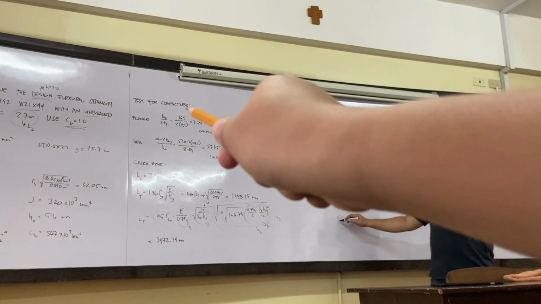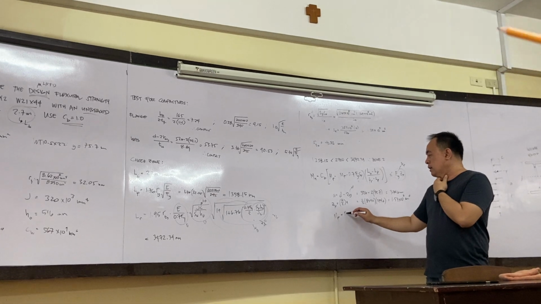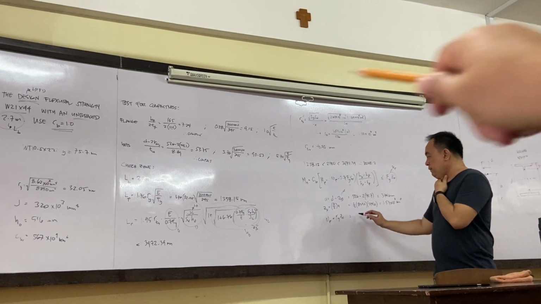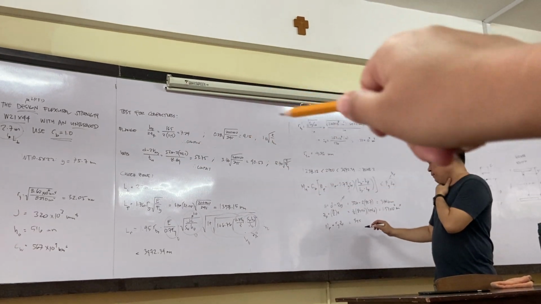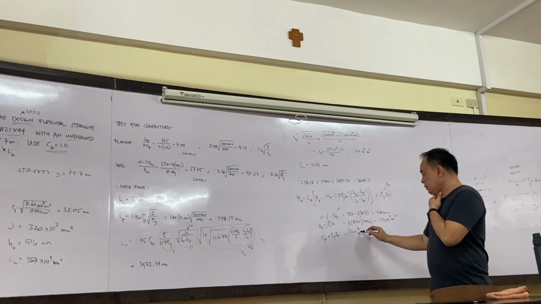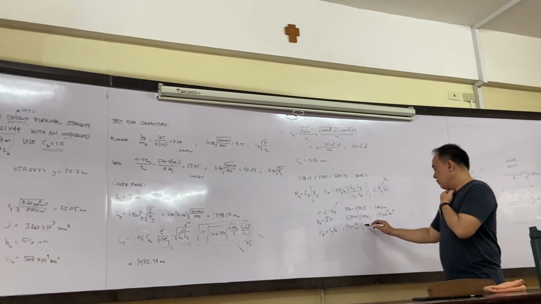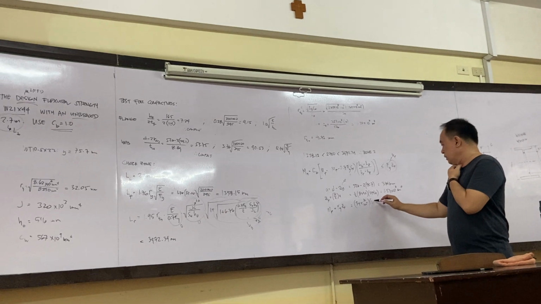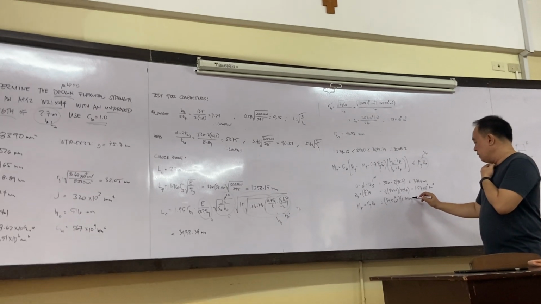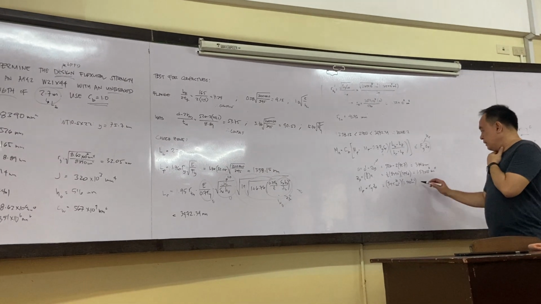We can also get our Mp. Mp is equal to Fy times Cx. You have your 345 kilograms per square millimeter times 1.57 times 10 to the 6 mm cubed.